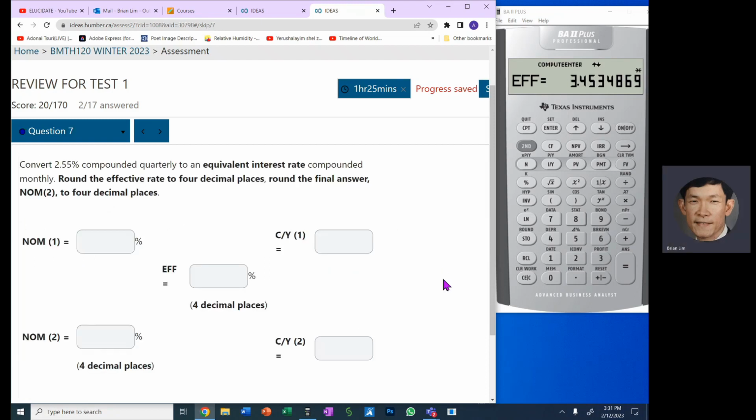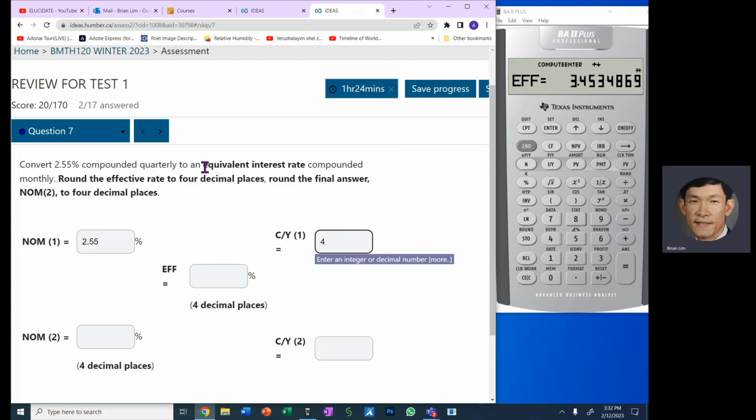Okay, the next question. We're asked to convert 2.55% compounded quarterly. So the 2.55% goes in here. It is compounded quarterly, so this CY would be 4.